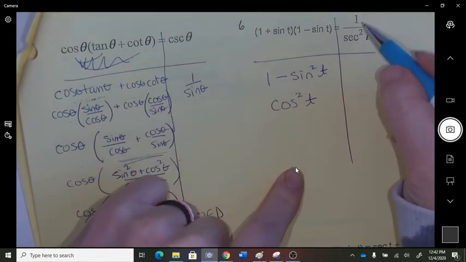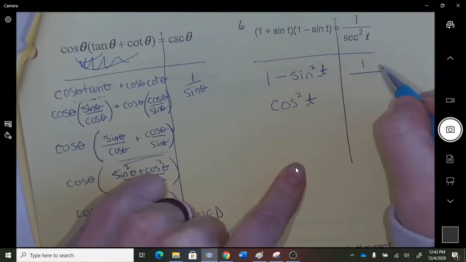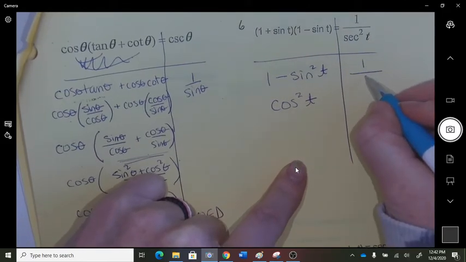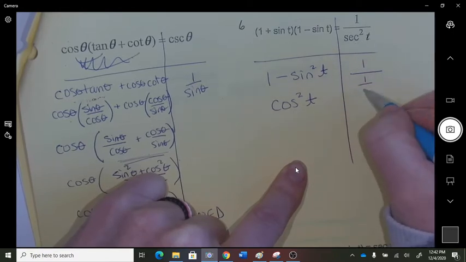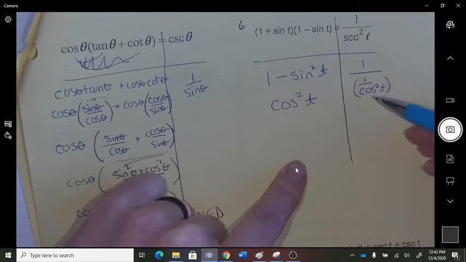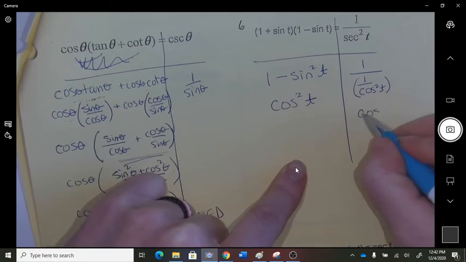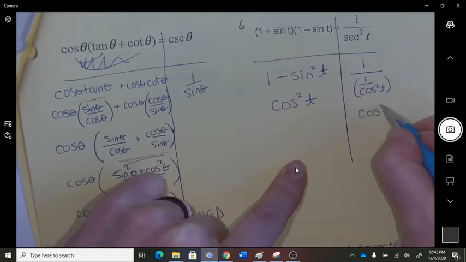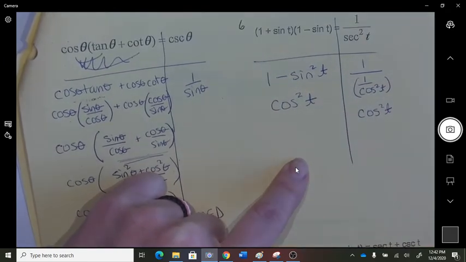And so this one I can go 1 over secant, which is the reciprocal of cos, and reciprocating that reciprocal back ends up getting you to cos squared.